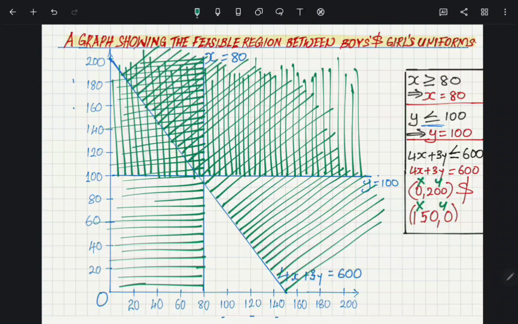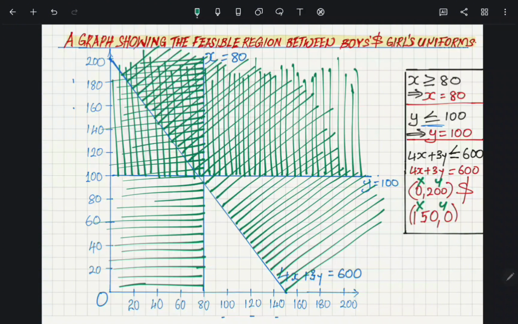Because the uniforms cannot be negative, we have to shade the negative side off. And remember, this linear programming is a practical question. These are things in real life. We cannot have negative uniforms.